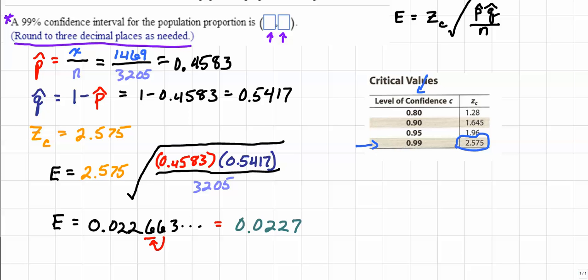Now to create the confidence interval, we just plug our numbers in.